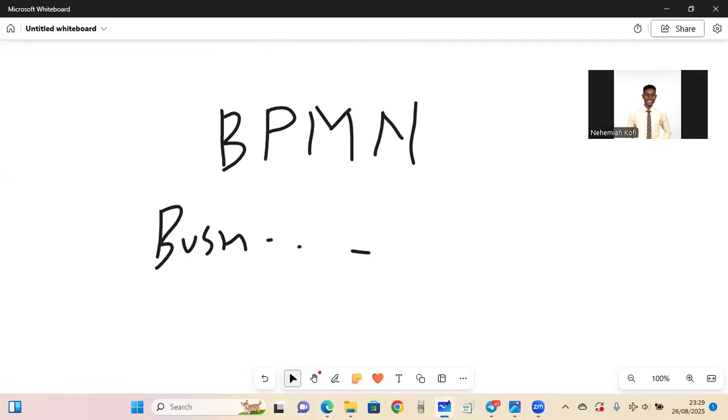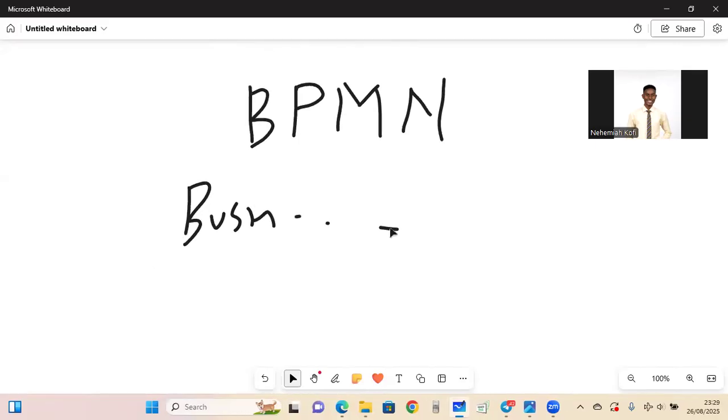Now, once you see this symbol here, let me share screen here. Right, so this is the BPMN, whatever I was talking about.